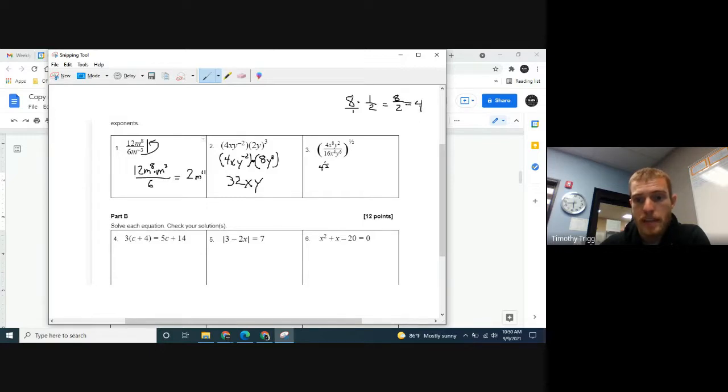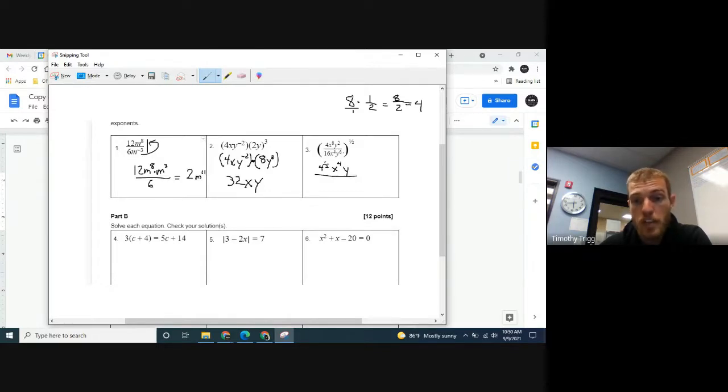Which I hope makes sense because 8 times 1/2 is the same as saying, what's half of 8? Well, 4. So when we have a power to a power, we multiply those powers. That's the main thing I want you to see there. So now we have x to the power of 4. Then y to the power of, well, what's half of 2? Well, that's 1. Again, to the 1 power, I don't need to write that.